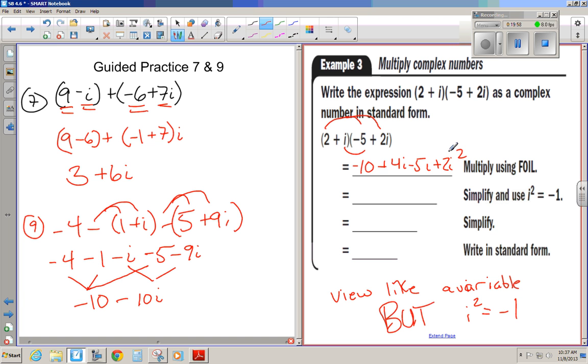All right. So that's negative 10 minus i plus 2i squared. Remember that i squared is negative 1. So basically, this term right here, you get rid of the i squared and you change it to negative 2. You just change the sign. And you end up with negative 12 minus i. That's how you multiply these out.